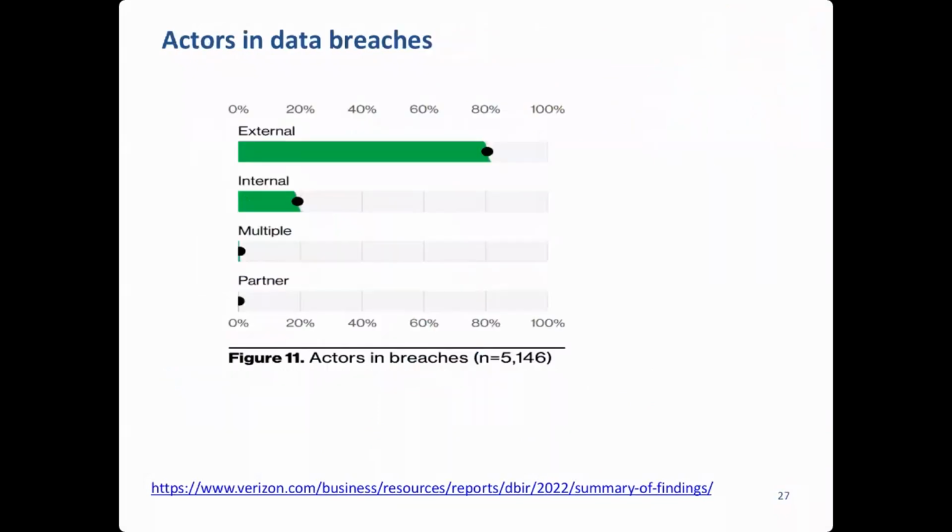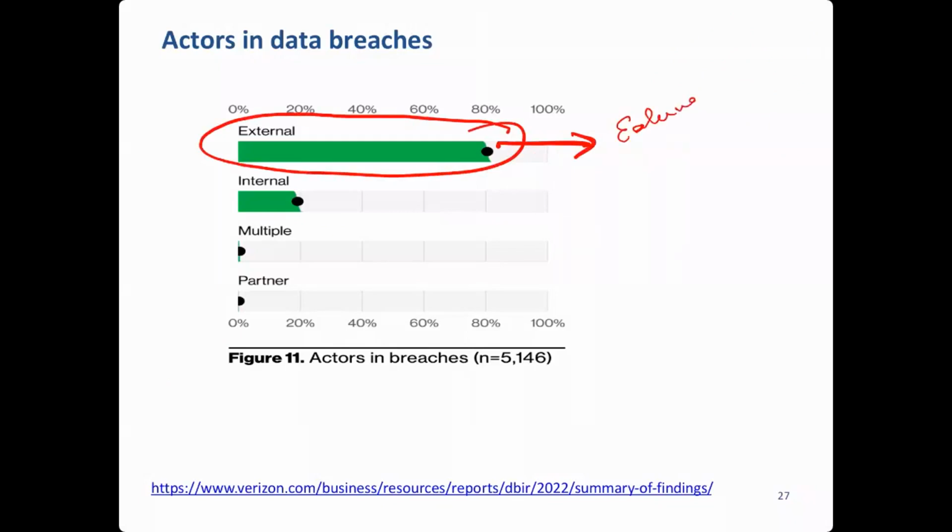Now this is very important: who can do it? We always assume that most cyber criminals are sitting outside the organization, right? Yes, that is true, about 80% are from external sources. But a significant part, about 20%, are internal.